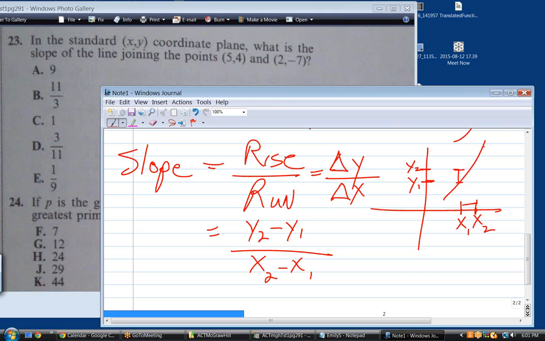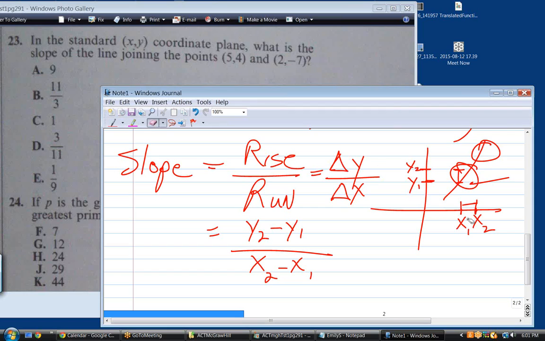As long as you have a straight line, any 2 points give me a slope. The slope between these 2 points is going to be the same as the slope between those 2 points, even though I didn't quite draw this straight. I meant to. So any 2 points define the slope of a straight line.